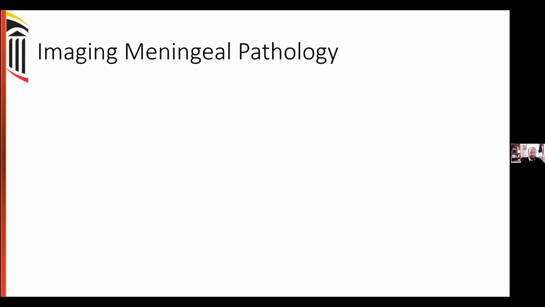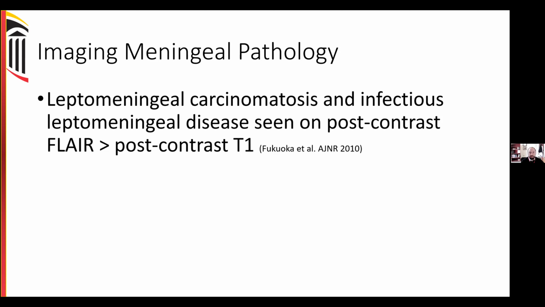So is it possible for us to be able to image the meningeal pathology that occurs in multiple sclerosis? Well, the jury's sort of still out on this, but there are some ideas. Some of that initial work comes from other conditions. We know that leptomeningeal carcinomatosis, for example, or infectious leptomeningeal disease is seen better on post-contrast FLAIR than you see it on post-contrast T1.